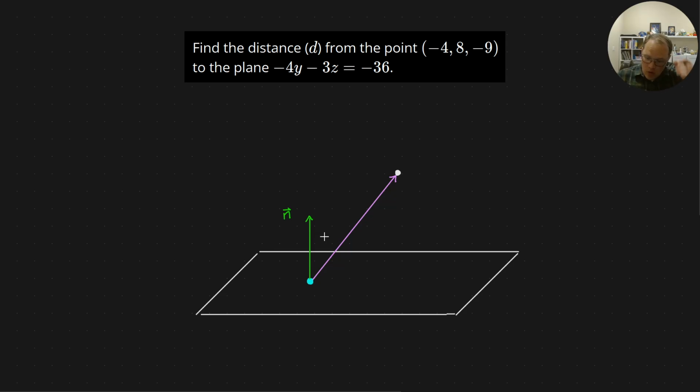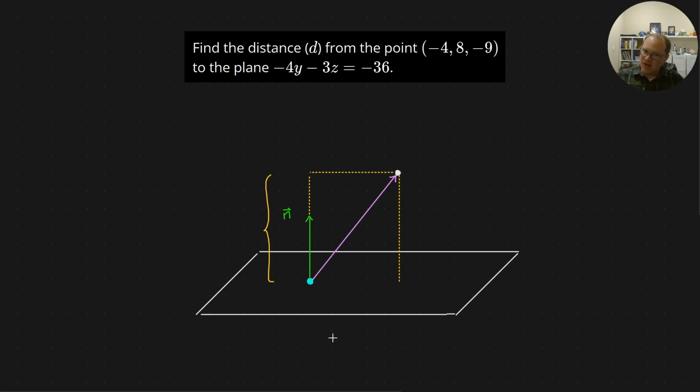Okay, what I want is this distance here. Or this distance here. It's the same distance, right? And this distance here is just the component of this vector onto the normal vector.